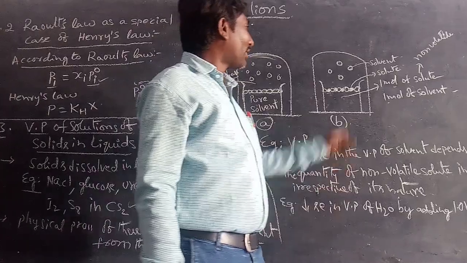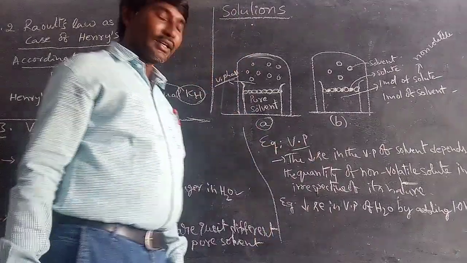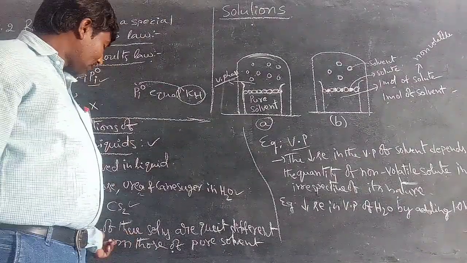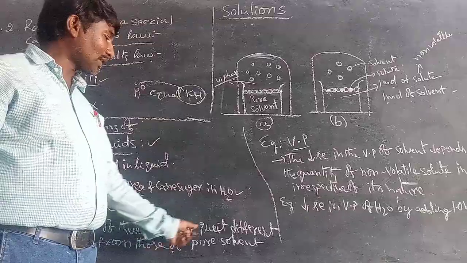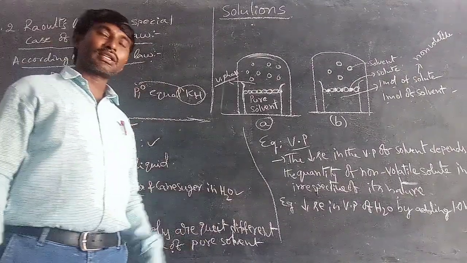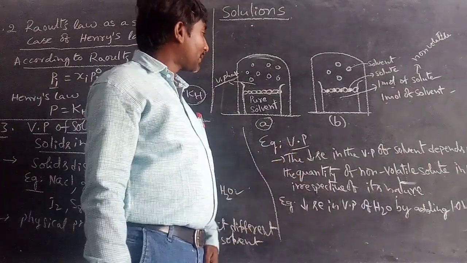So that's why, for example, we take the vapor pressure. Why? Because the physical properties of these solutions are quite different from those of pure solvents. For example, here we take vapor pressure. What happens here?